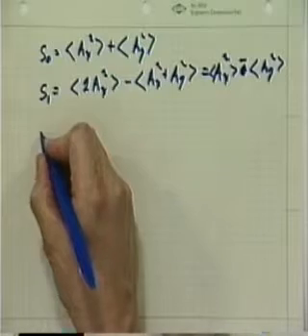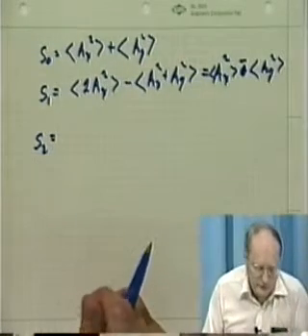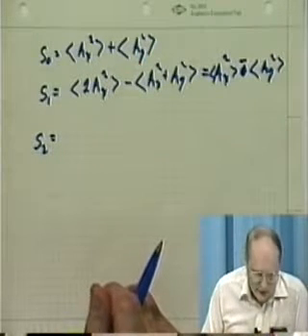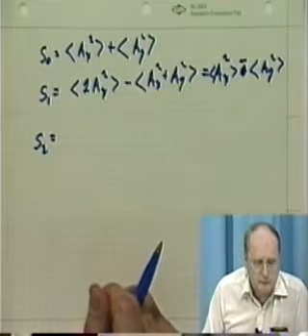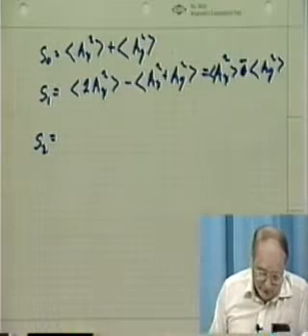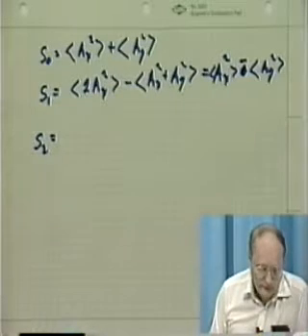S2. Yeah, each one of these seems to get a little bit more complicated than the previous one. S2 was 2I2 minus 2I naught. And I2 came from this linear polarizer at 45 degrees. Transmits I2, we said.